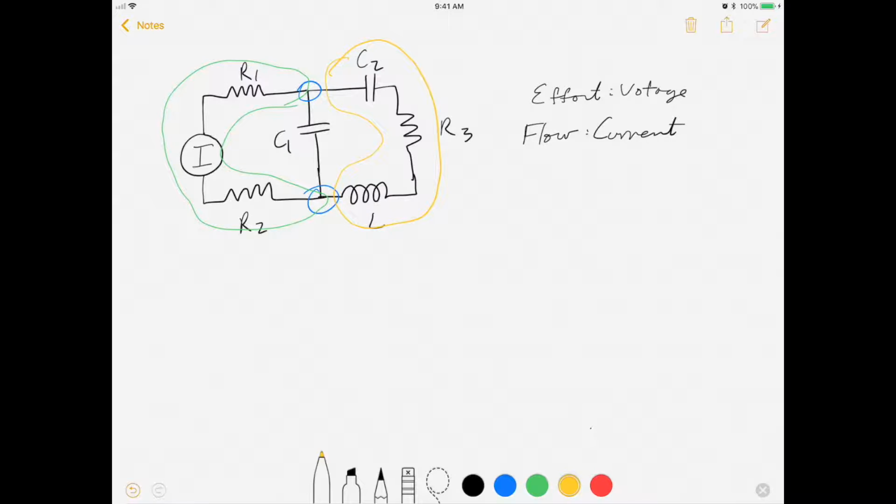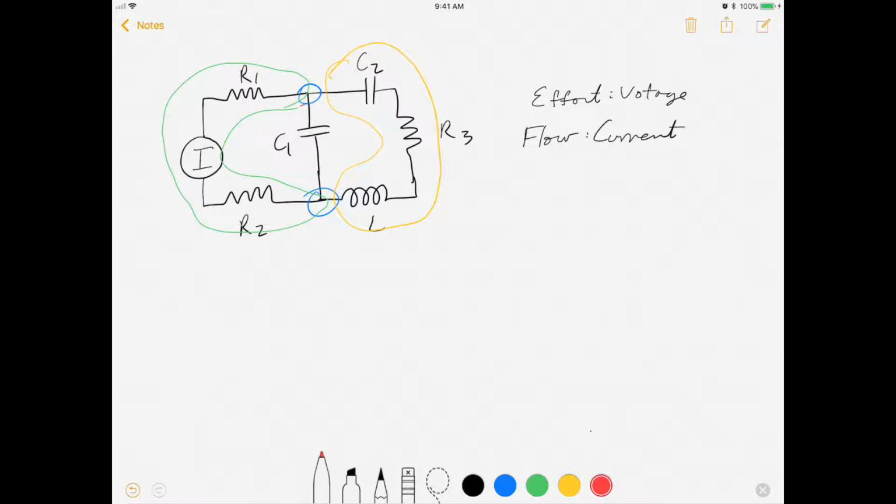And they're all at the same voltage if you take this capacitor in the middle to be one component. If you look at the voltage differential between this point and this point, you notice that they're actually the same. So that's a common source of effort, or you're going to put a 0 right there.